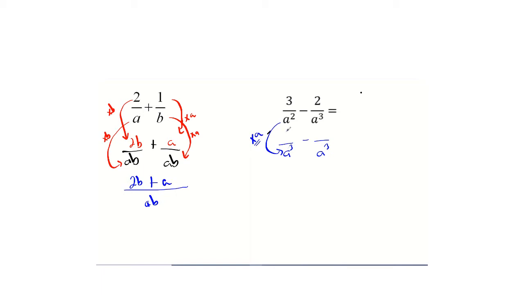That would give me a cubed. So that becomes 3a, because you always have to multiply the numerator by the same thing you multiply the denominator by to make your new denominator. A to the third is already a to the third. Perfect. Don't have to do anything to it. It just stays the way it is. Now I have a common denominator, so when you add or subtract fractions, the denominator stays the same.